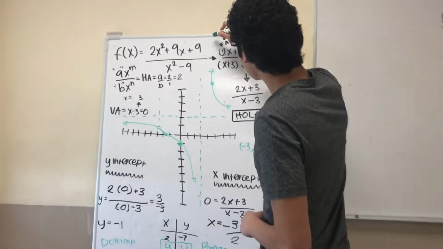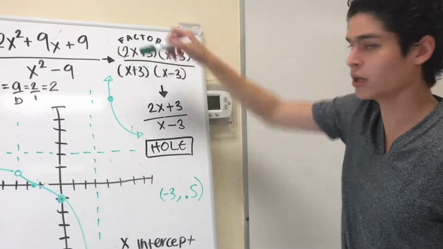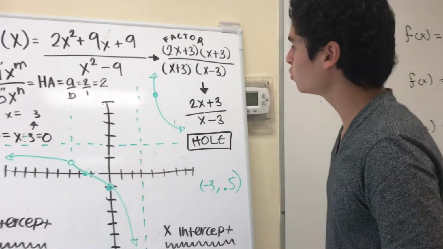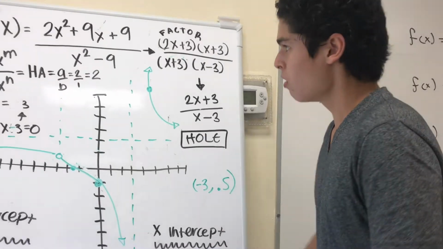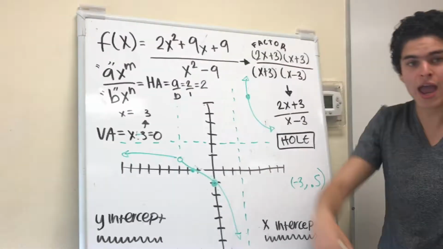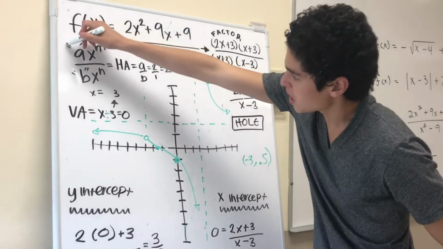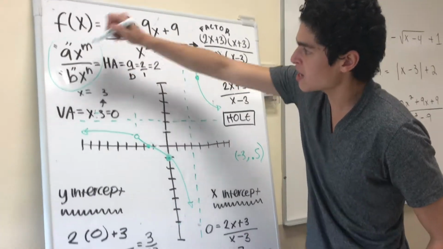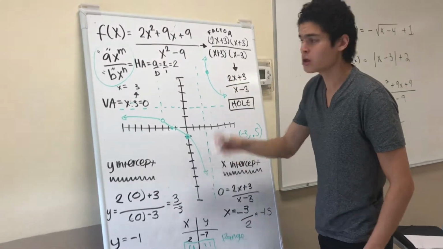So we are going to start with this function. We're going to factor it, okay? And then what we should do is cancel the x plus 3. So what's next? To get the HA, we're going to use this formula: ax to the n divided by bx to the n.